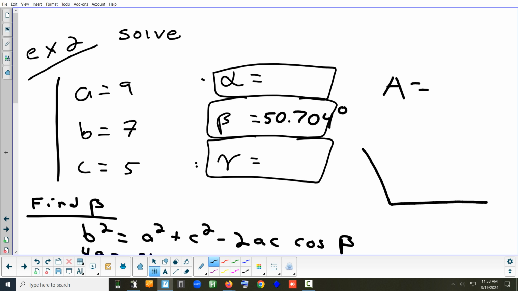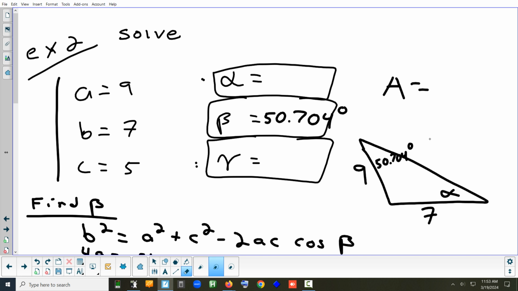So think of your triangle. Here's A, here's B, here's C, here's A, B, C. Beta would be up here. Alpha would be over here. And C, oh, C we know is 5. Sorry. C is 5.